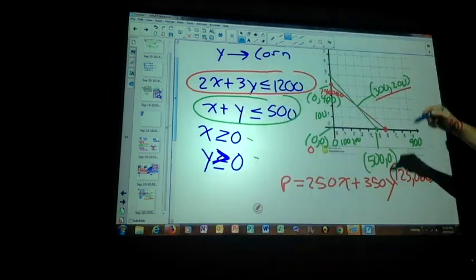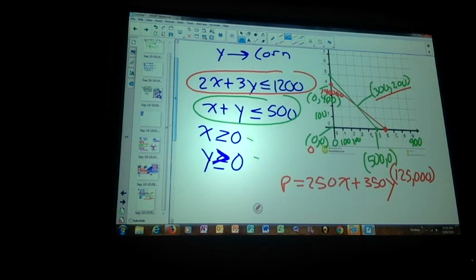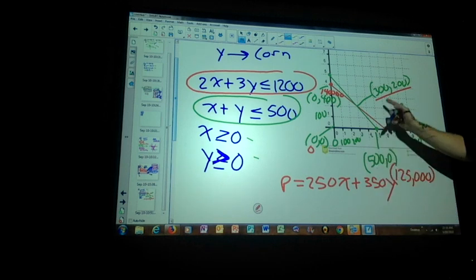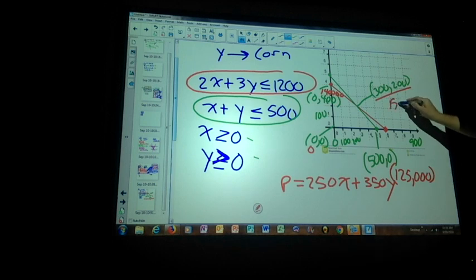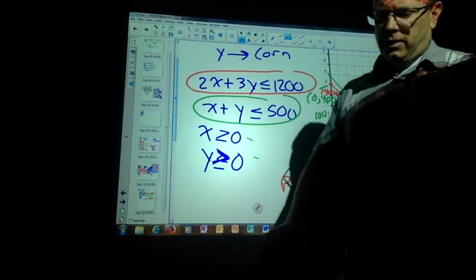And then that one, 250 times 300 plus 350 times 200 is 150,000. All right, so if I plant 300 of my alfalfa and 200 of my corn, I make the most money.